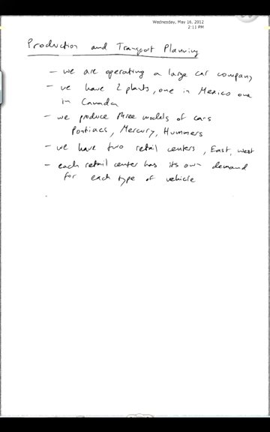And the basic question that we have to answer with our model is, how many cars of each type do we produce at our plants? Where do we ship those cars?